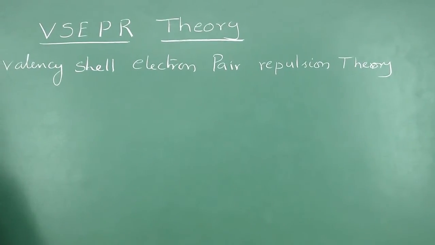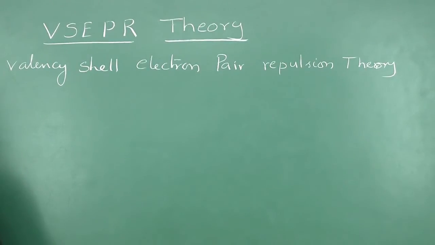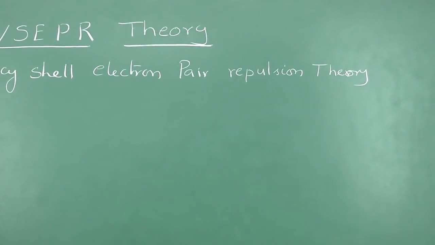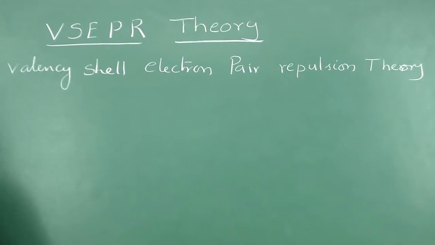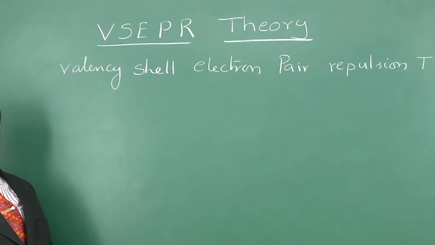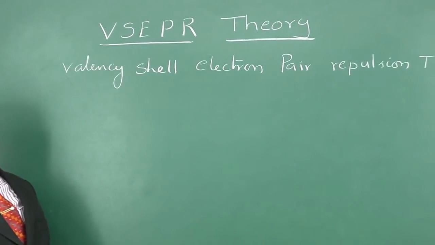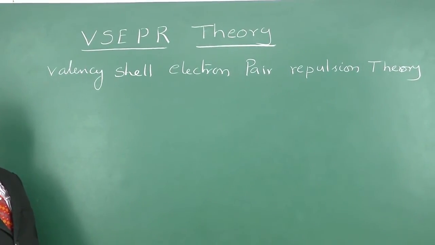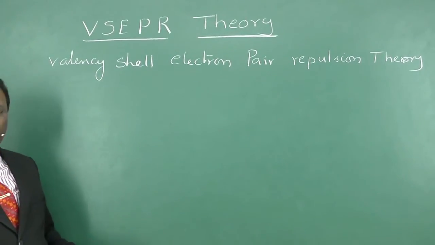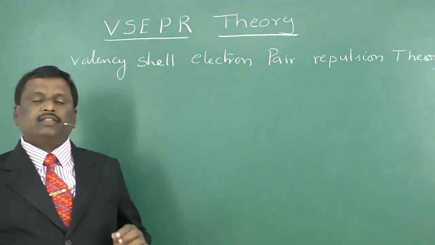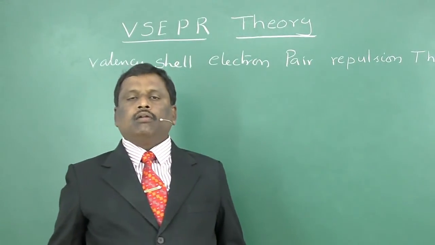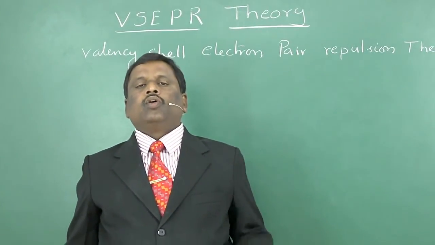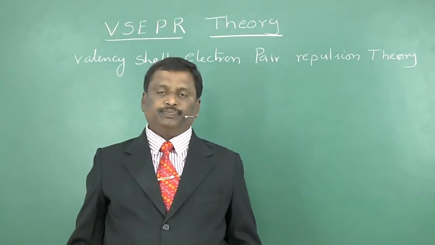The necessity for proposing this theory is that the structure of certain molecules cannot be explained by valency bond theory as well as the theory of hybridization. To explain the structure of such molecules, this theory was proposed. The necessity arose when there are non-bonding electron pairs present in the valency shell of a central atom.